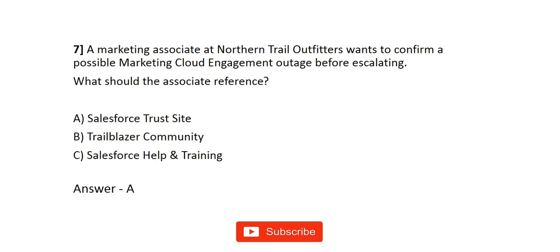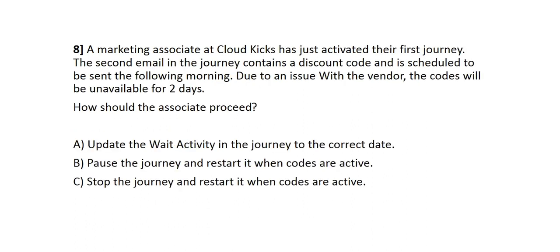Answer: A. Next question. 8. A Marketing Associate at CloudKicks has just activated their first journey. The second email in the journey contains a discount code and is scheduled to be sent the following morning. Due to an issue with the vendor, the codes will be unavailable for 2 days. How should the associate proceed?